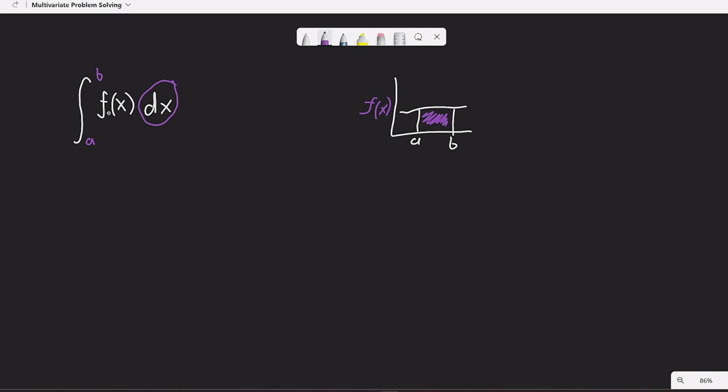And so this is how we would do it for a single variable. But now we have multiple variables, and so this requires us to use the double integral of a function f of x, y, dx dy. And this would be our notation for finding the volume, whereas before this was the area. But now we need the volume because we are operating in 3 dimensions.